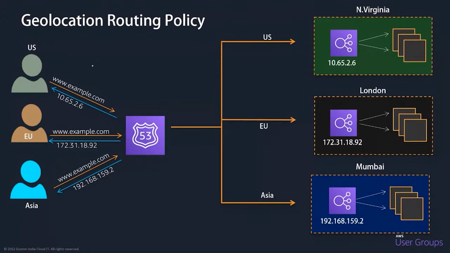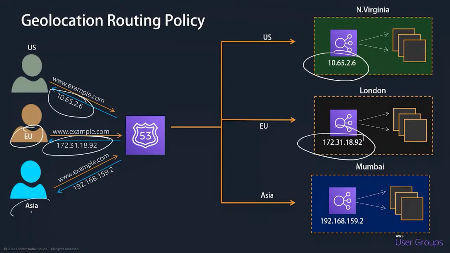This is where I'm hard coding, saying that if anybody is coming from US, always return them the IP address of North Virginia. If anybody is coming from the European Union region, always return them the IP address of London. If anybody is coming from the Asia region, always return the IP address of Mumbai.